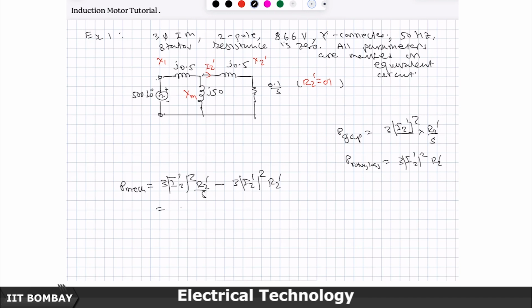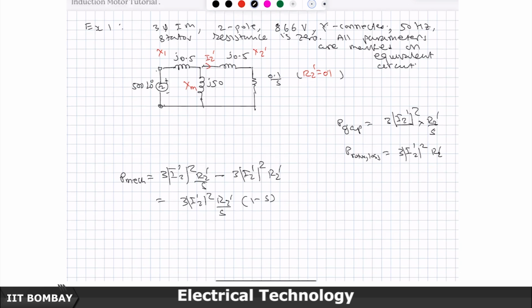So this is 3 I2 dash squared R2 dash (1 minus S) by S.